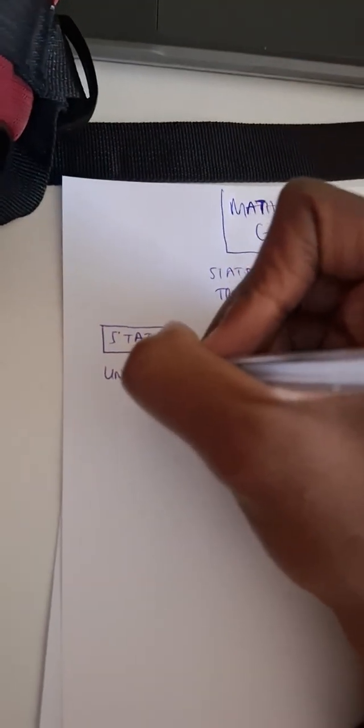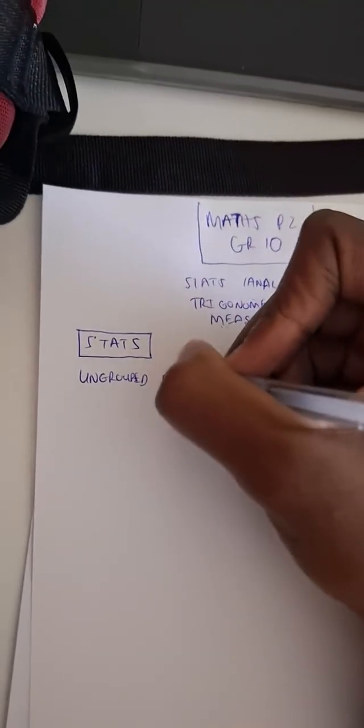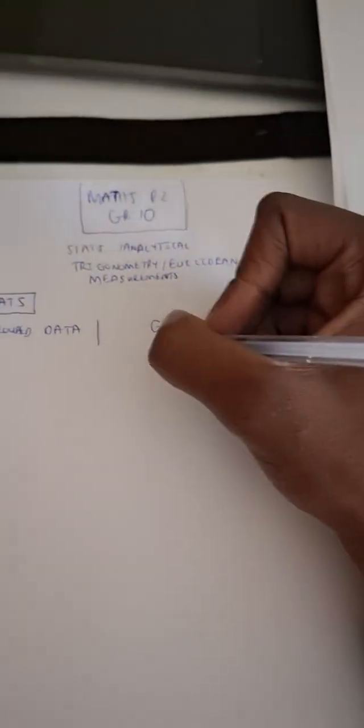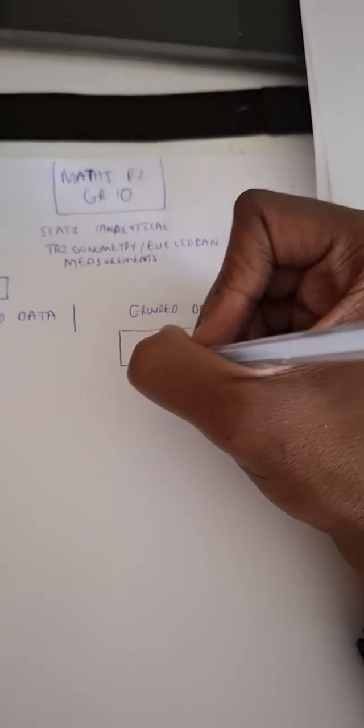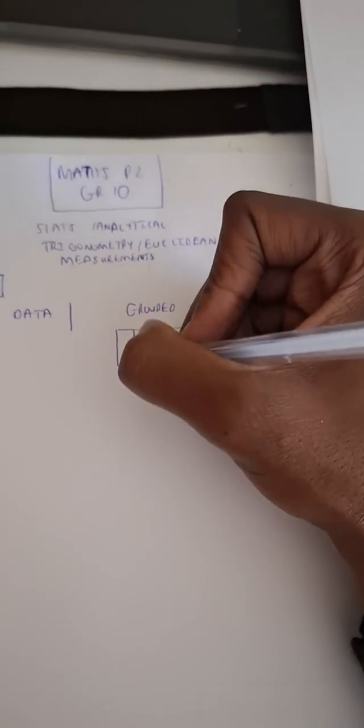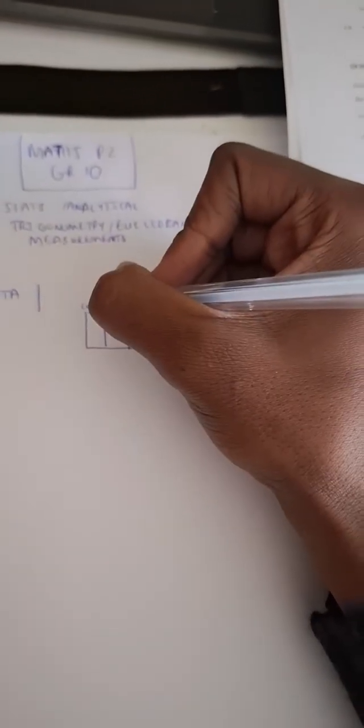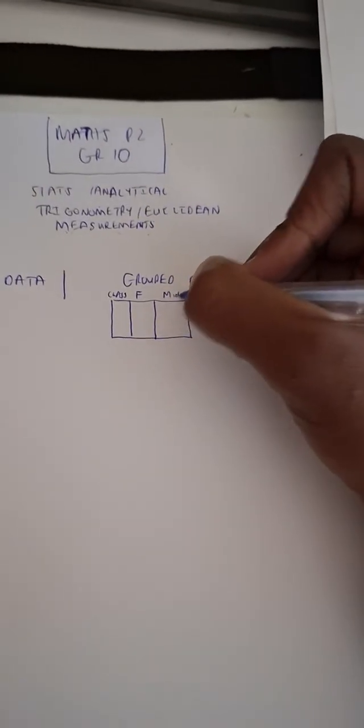So in stats, guys, there are two things. In grade 10, there's ungrouped data, then there's grouped data. For grouped data, you will usually see a table called a frequency table, where they will have a class interval, then a frequency, and you have to find the midpoint of each class interval.